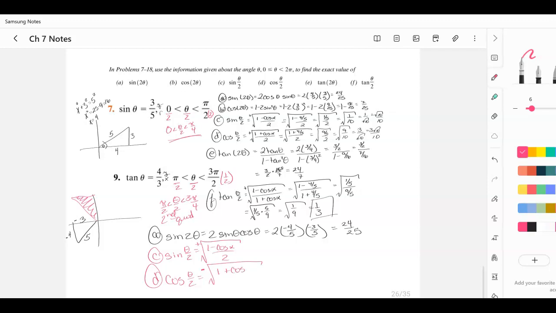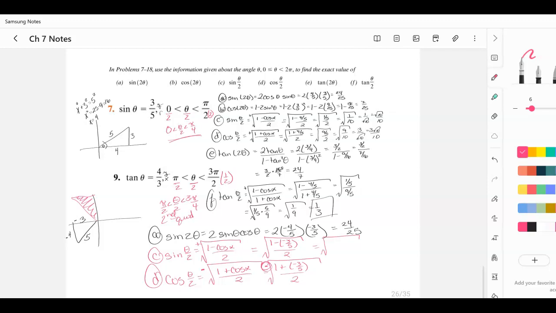So 1 plus cosine of alpha over 2. And then we're just going to substitute in our values here. Cosine is -3/5. And I'm working them both simultaneously. Okay, keep in mind this one's going to be a negative. I'm going to circle that so we don't lose it. Okay, going back to the top, sine of theta/2.